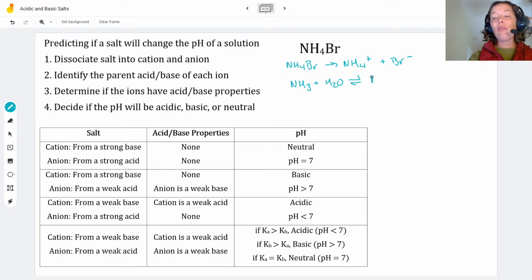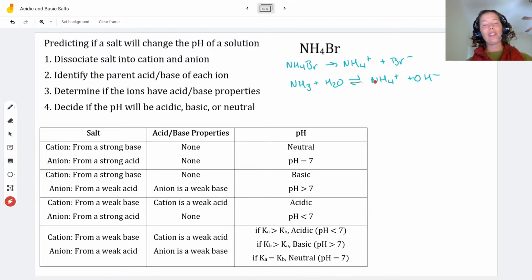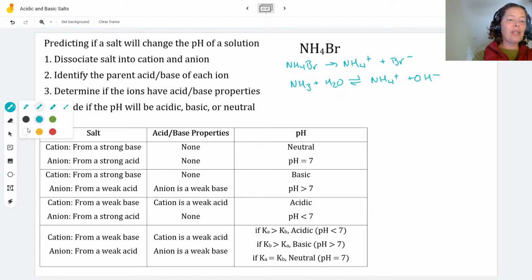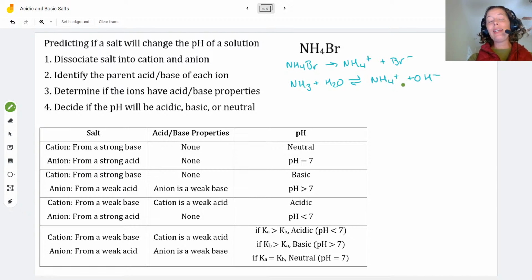And ammonia, of course, is a weak base. So yes, the ammonium cation can run this reaction in the reverse. So ammonium does have acid-base properties. And specifically, it is going to act as an acid because it's going to be willing to donate a proton. So we'll say acidic properties there.